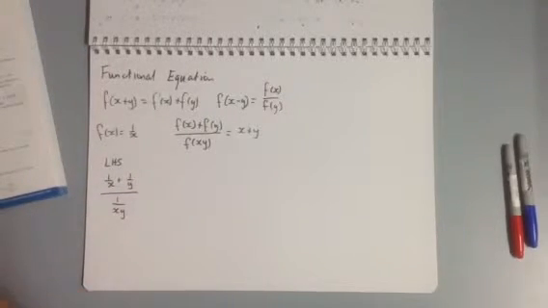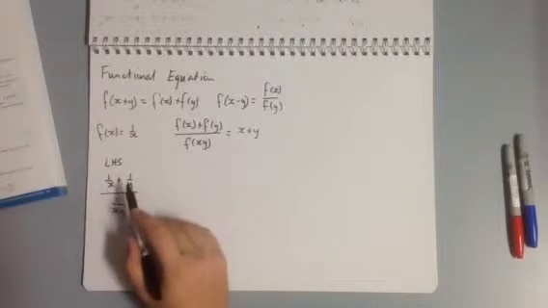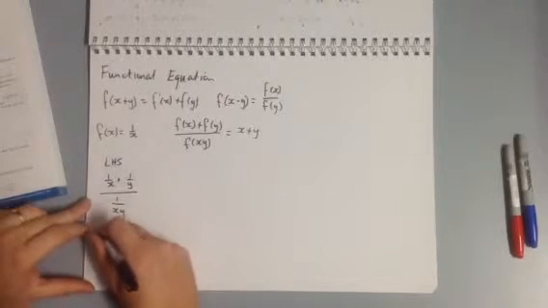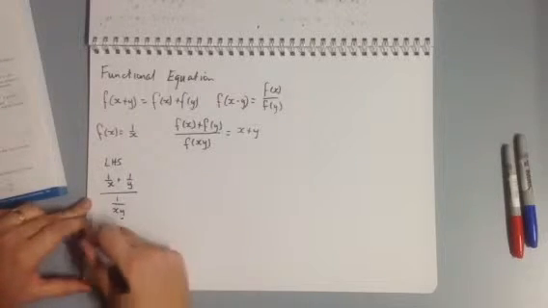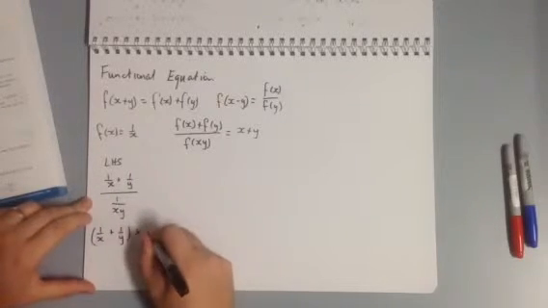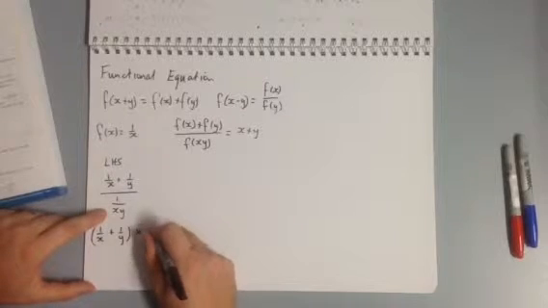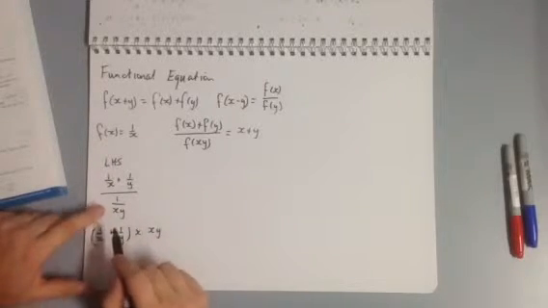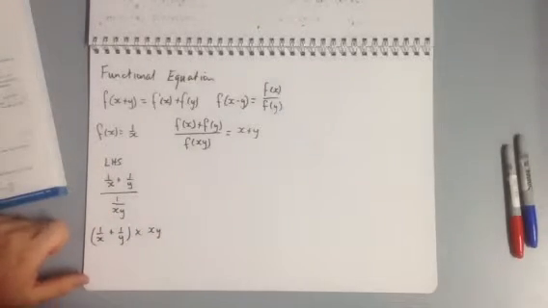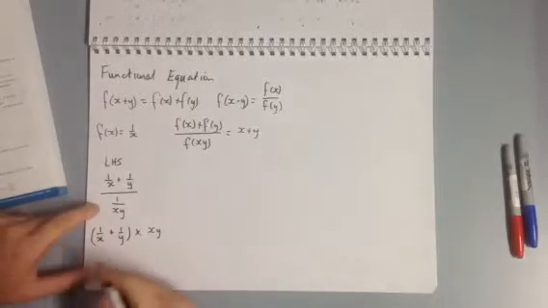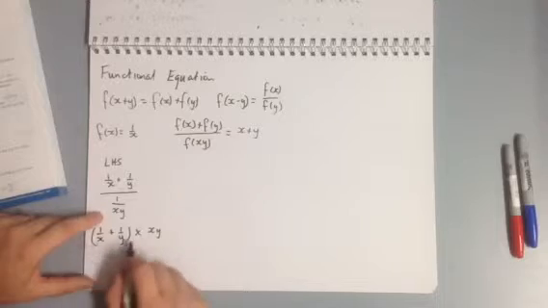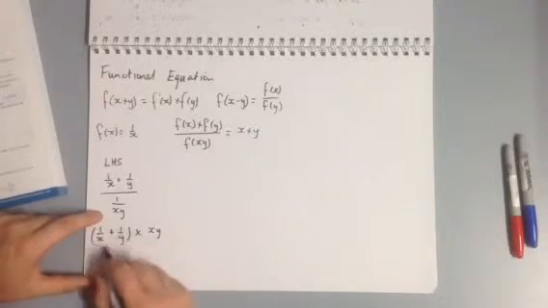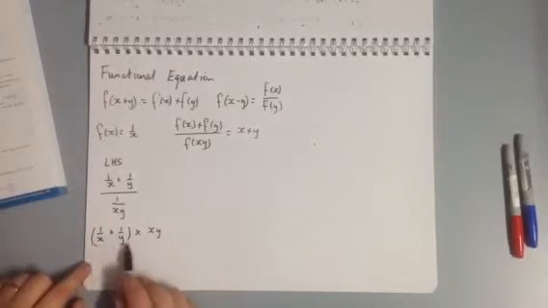We can fix that up a little bit, so let's make that 1 on x plus 1 on y times by xy, by flipping and multiplying. And when we do that, we want to fix up in here a little bit and get our denominators the same.